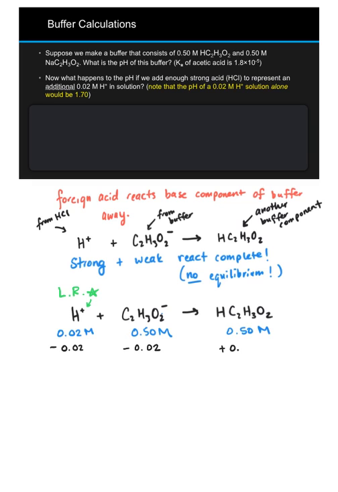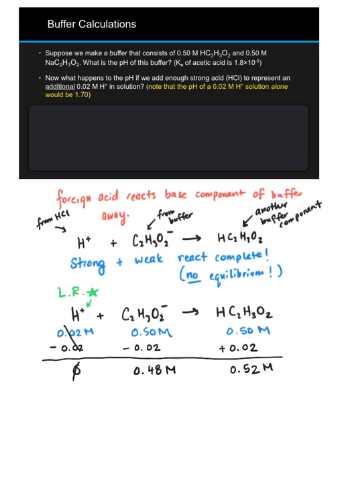So we must generate a stoichiometrically equivalent amount of acetic acid by the time this reaction has gone to completion. Strong plus weak react complete. We're left with 0 H plus from our strong acid. We've used up 0.02 molar worth of acetate, and we've generated 0.02 molar more acetic acid.